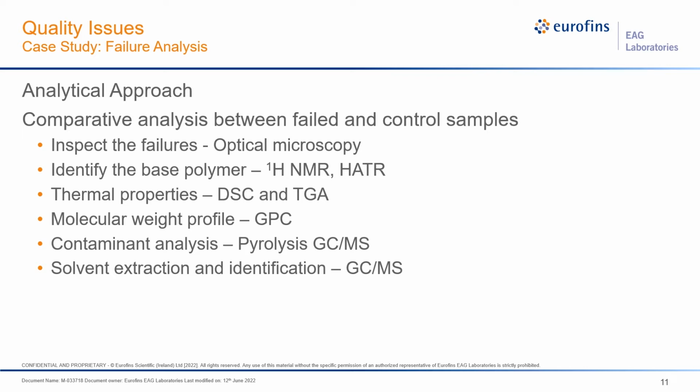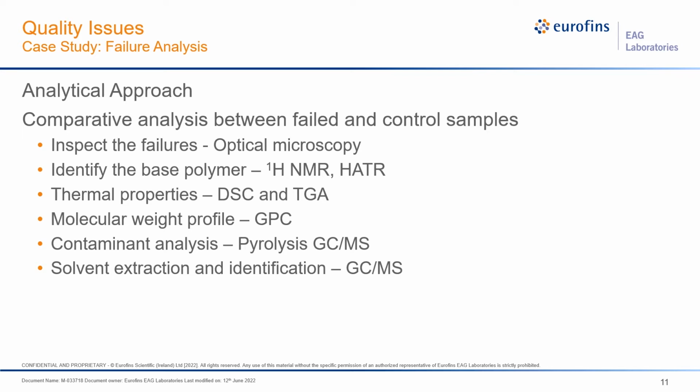In this instance, in the failed sample, a contaminant was identified that was not seen in the control. An additional benefit of pyrolysis GC-MS in this application is that pyro can also help further confirm the base polymer identification. And in this, it did further confirm what had been identified by NMR and FTIR.